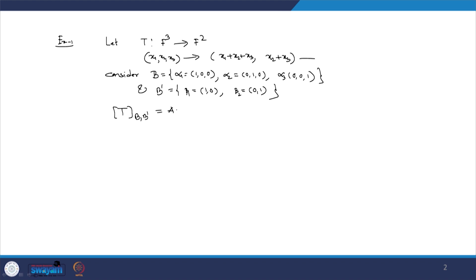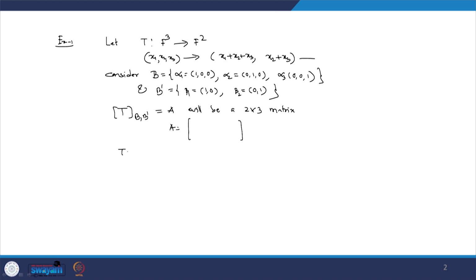A will definitely again be a 2 cross 3 matrix, so A will be equal to something like this, A1, A2, A3.